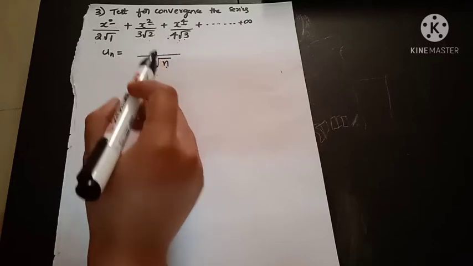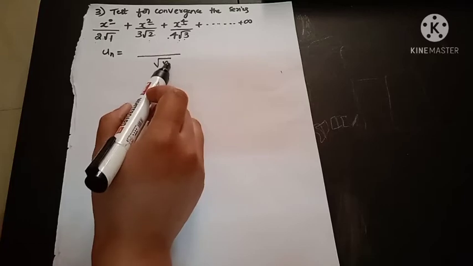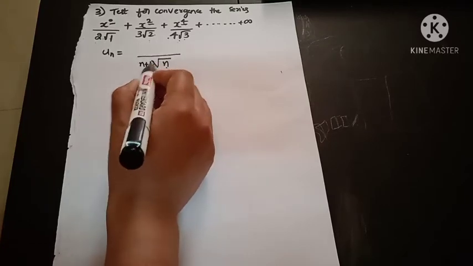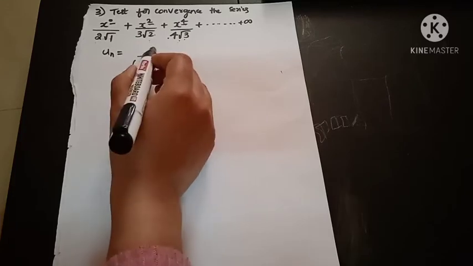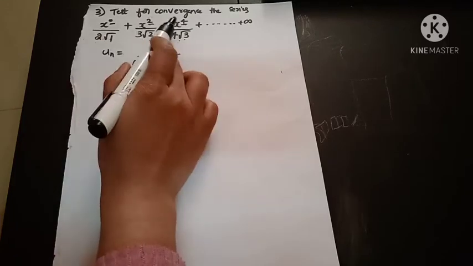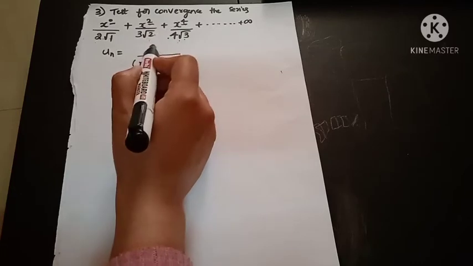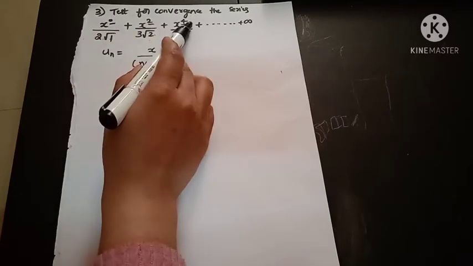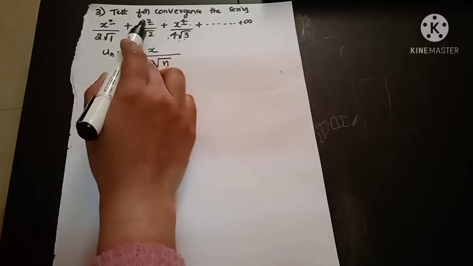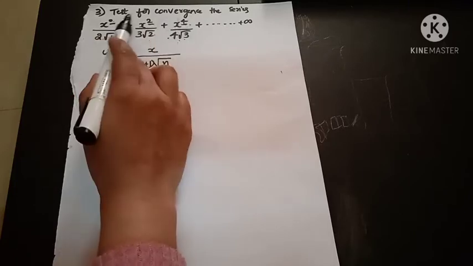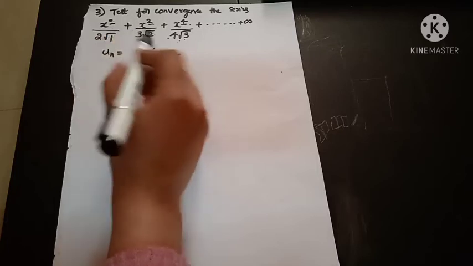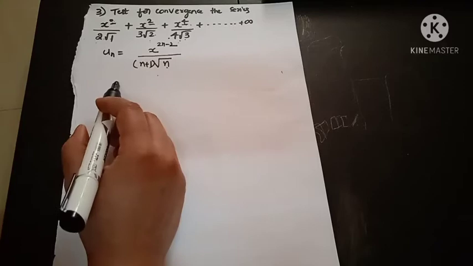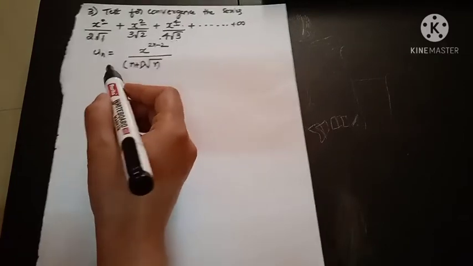So here we have n, so n plus 1 will be here, n plus 1 into root n, and in the numerator we have x as a base, and the power here is 0 to 4. The power of x is 0, 2, 4, which is an even number, but it starts from 0, so it is not 2n, it is 2n minus 2. 2n minus 2 is the power.